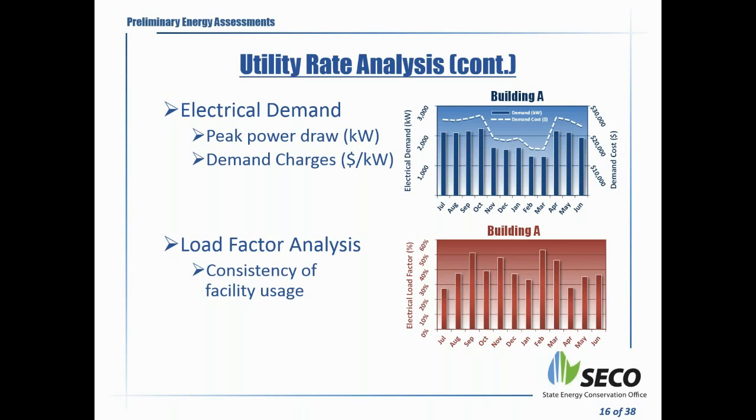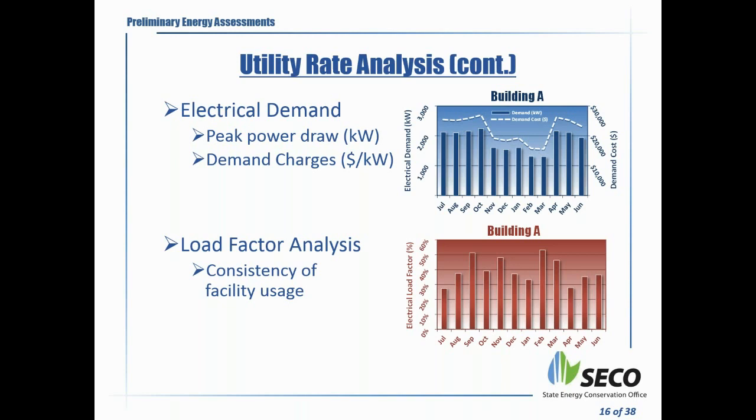So we like to have that, and there are other advantages of having the demand data, which we go into in more detail in the PEA process. One of the other things from your utility data, we are always able to do a load factor analysis, which is primarily the consistency of facility use.